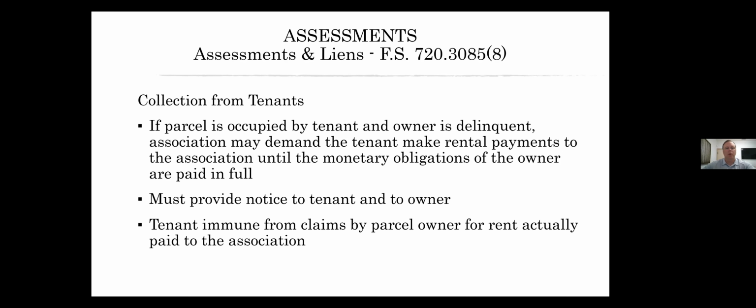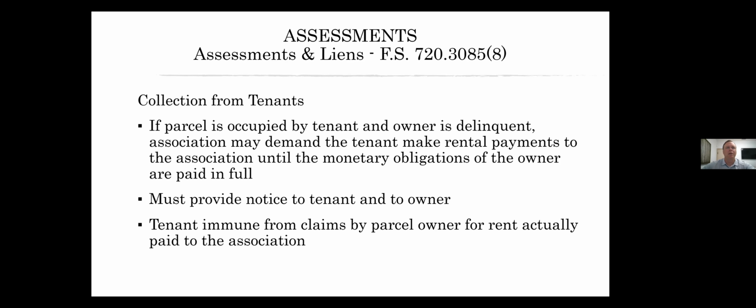This was a powerful tool during the last recession, because a lot of owners stopped paying their assessments and their mortgages. They put a tenant in there and collected rent while the HOA and the bank weren't getting paid. So the legislature put this into place: if a tenant is in the home, you can go to the tenant and collect their rent directly to the association.